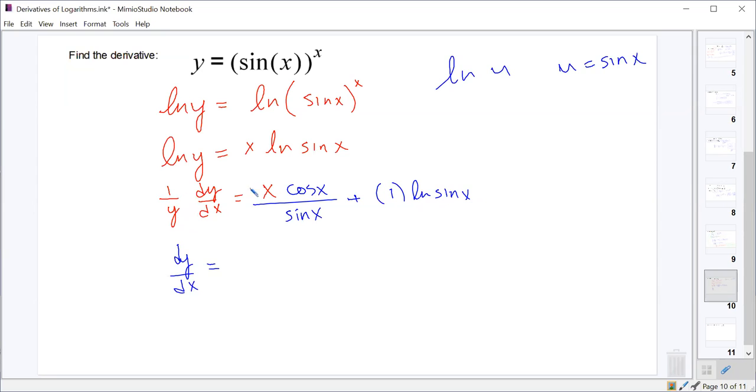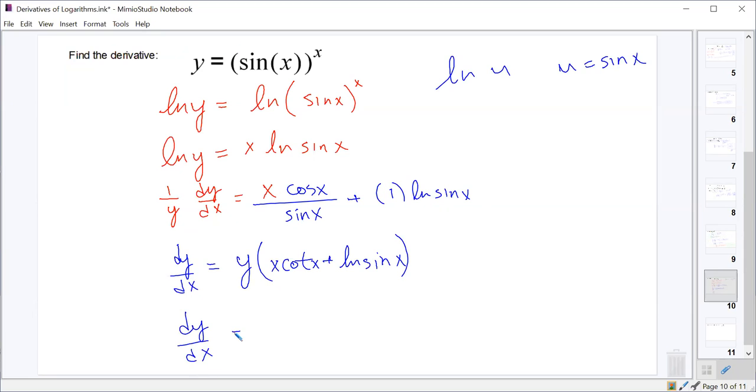And so what does dy dx equal? Well, I'll bring the y over. So y times, what's x cosine x over sine x? Simplify to x cotangent x. Right, yeah. And then plus our natural log of sine x. And we need to replace the y with sine x to the x.